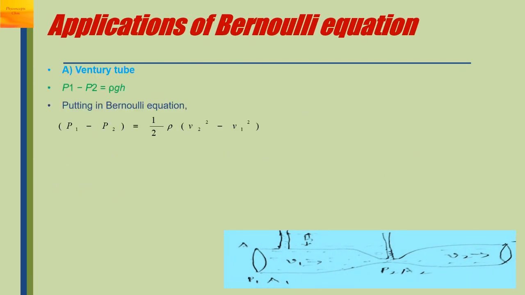Now we will substitute this pressure difference P1 minus P2 in the equation which we got in the earlier slide. So rho g h is substituted here.